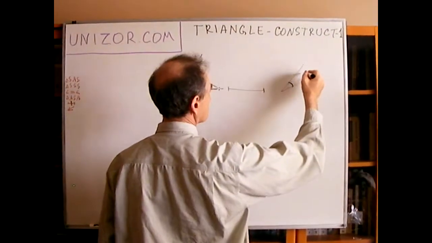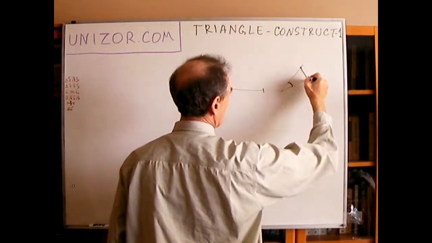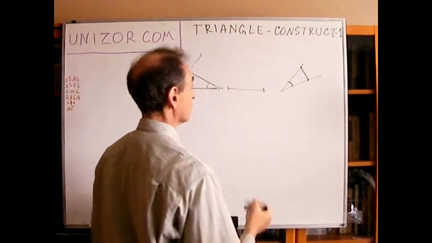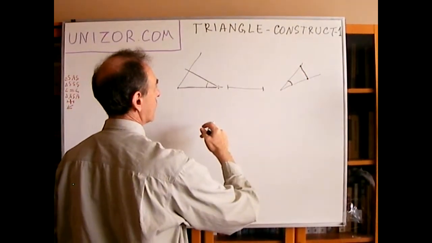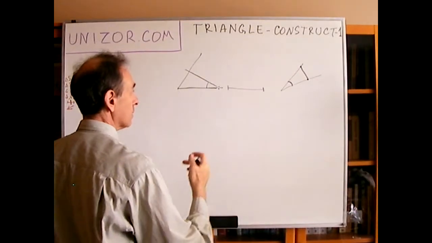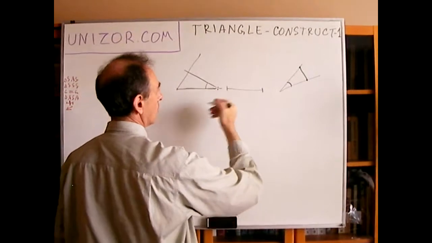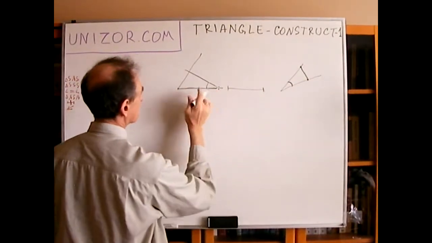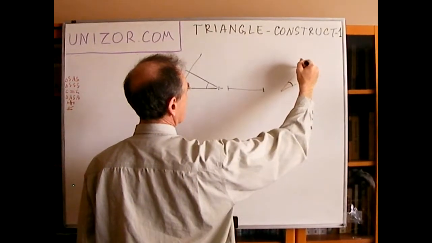If you want, we can do it again, but basically what I did, I took 2 points here, converted this angle into a triangle, and constructed a triangle equal to this one by basically making a triangle equal to this triangle by 3 sides. So this is one side, this is another side, and another side.